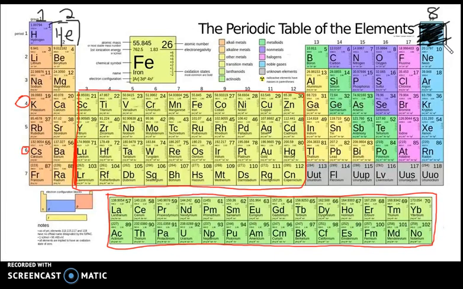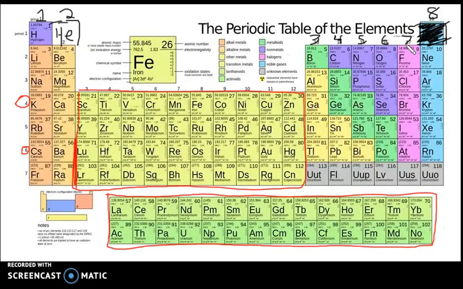So remember, we skipped this D block here. Above boron, we'll have 3 valence electrons. Carbon's column will have 4. Nitrogen's column will have 5. Oxygen's column has 6, and fluorine's column has 7.